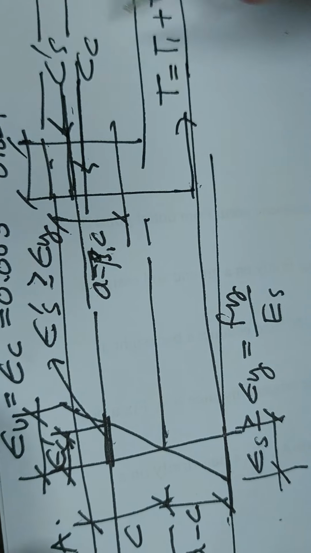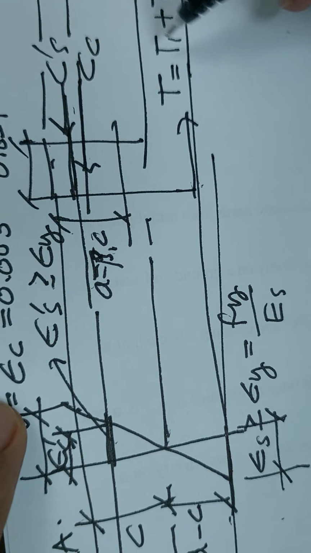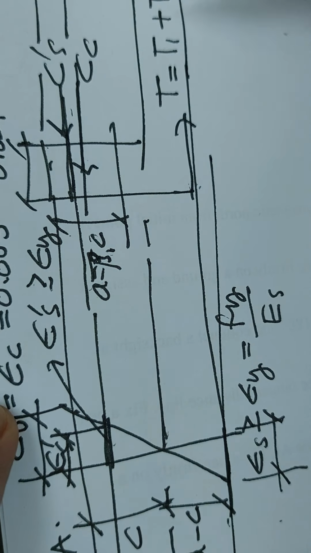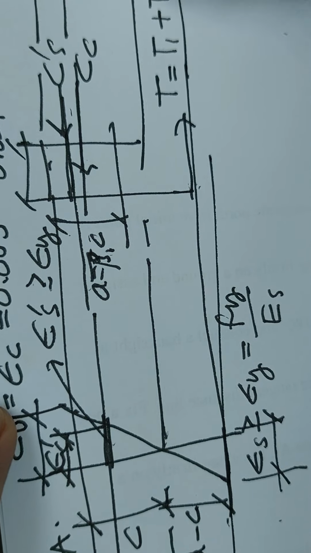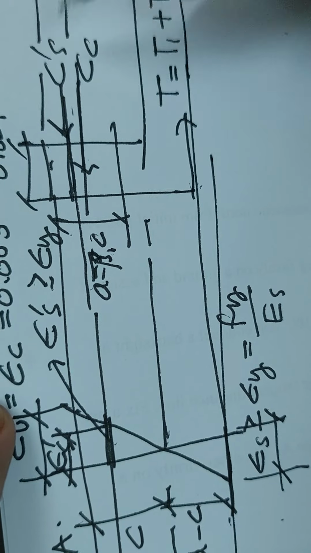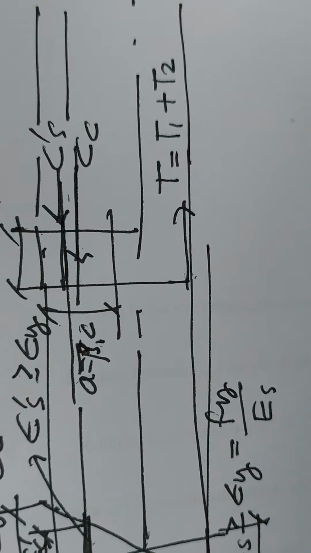T1 is the amount of steel reinforcement intended for the compressive concrete section, while T2 is the amount of tensile reinforcement intended to meet the compressive reinforcement.